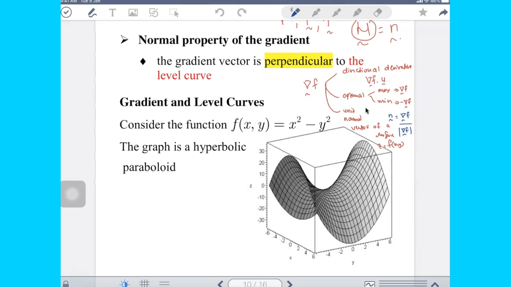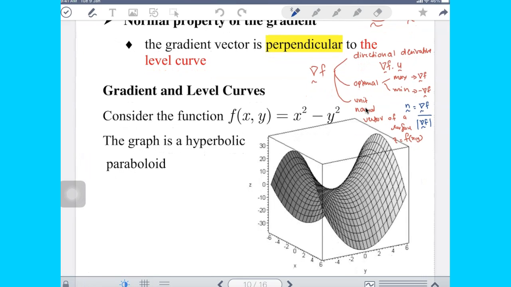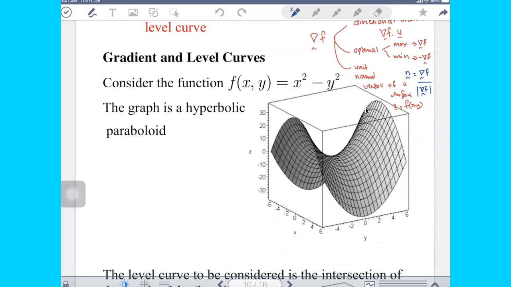We assume we are given a scalar function, a two variable function. The example given to you is x squared minus y squared, so we have z equal to x squared minus y squared.